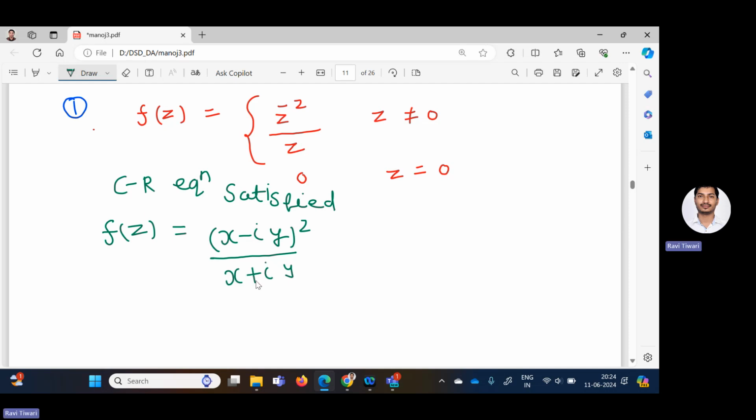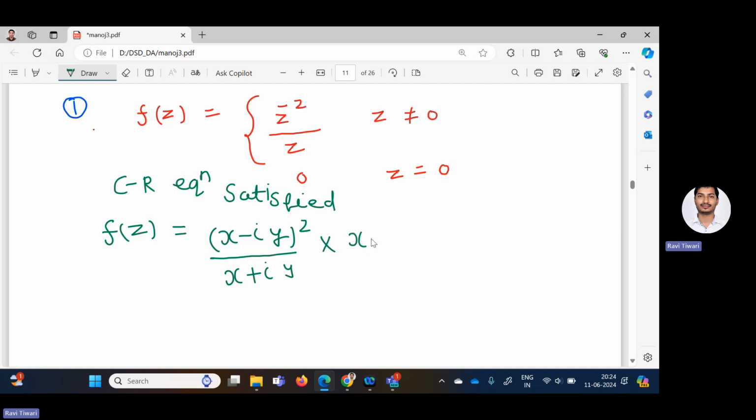So here, are you able to separate the real and imaginary part? No, because if you are getting imaginary in the denominator, you have to multiply with the conjugate so that the i can be made free from the denominator. If you are getting i in the denominator, you are not able to separate real and imaginary part. So better you multiply with the conjugate.